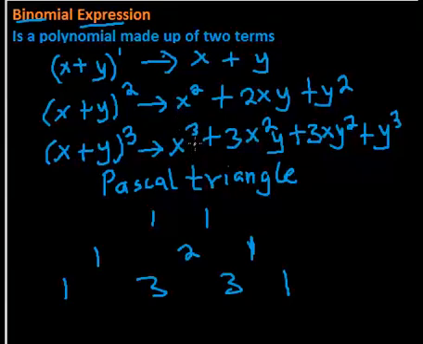That is why y here is y raised to power 0. That's why it's 1. We don't have y here. Then x reduces to the power of 2, then y increases to the power of 1. x reduces to the power of 1, y increases to the power of 2, x reduces to the power of 0. That is why it's 1 here. Then y now increases to the highest power.